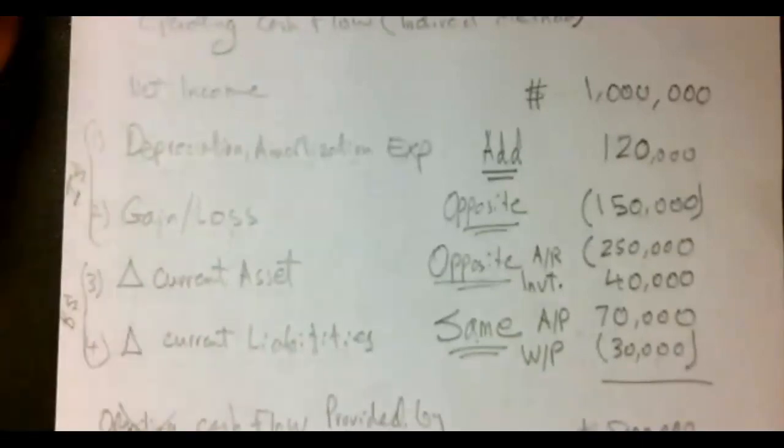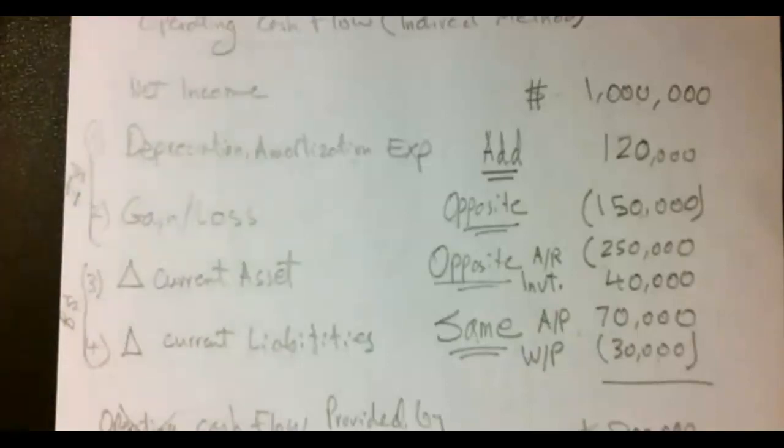So let me start with the system that I use to prepare operating cash flow for the indirect method. Okay, so under operating cash flow, we're going to focus on the indirect method. The direct method is a little bit harder and less commonly used.